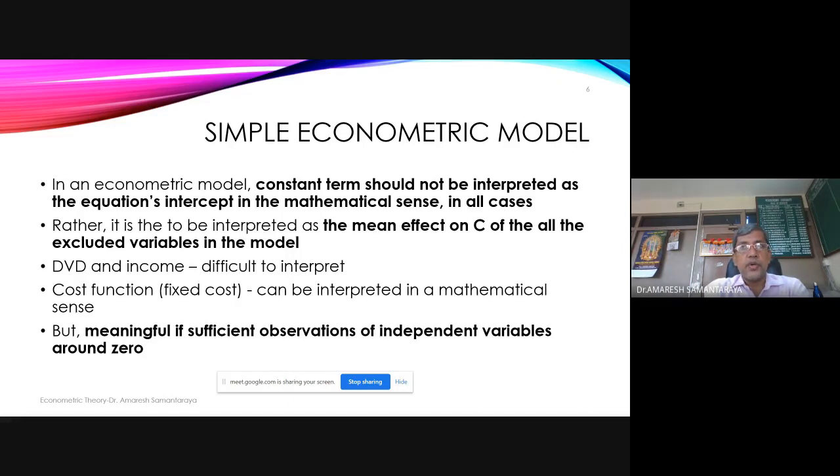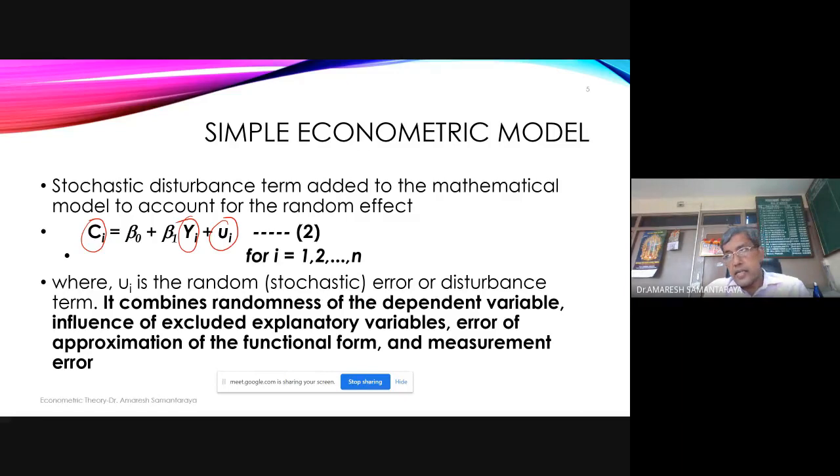Particularly, I'll tell you one thing to remember. If your econometric model doesn't have adequate values of the independent variable close to zero, then your intercept may not be very meaningful. For example, in the consumption function example, if I have yi as income of individuals, the income of most individuals will be in thousands, lakhs.